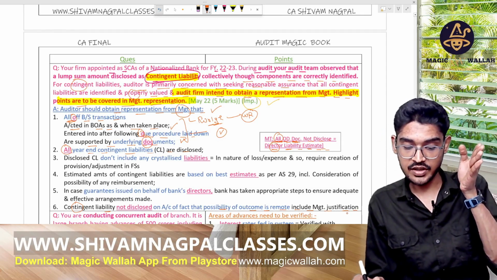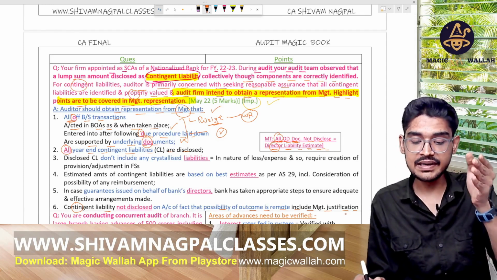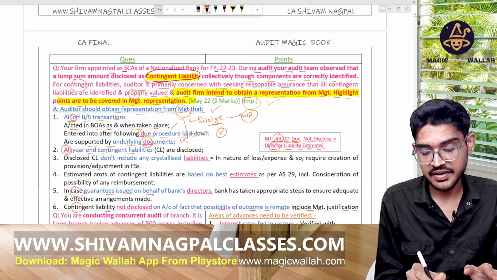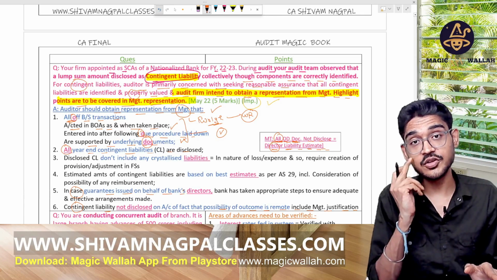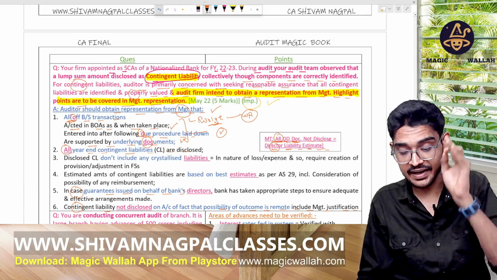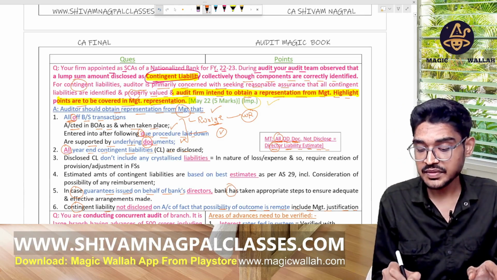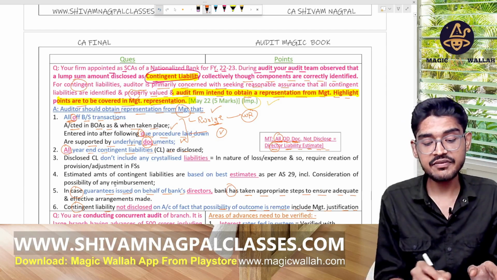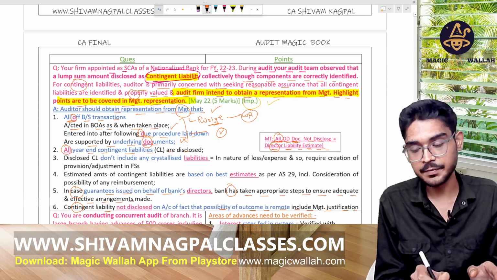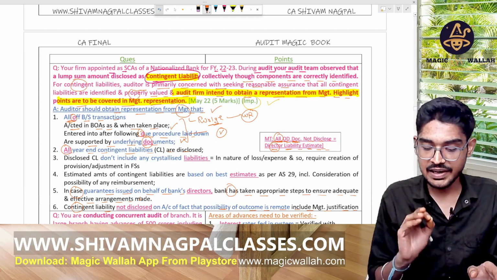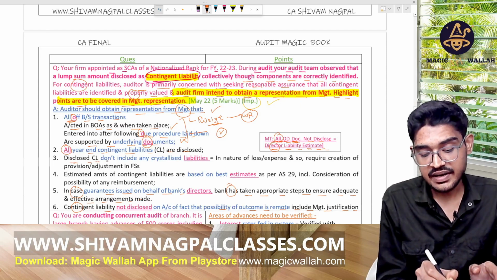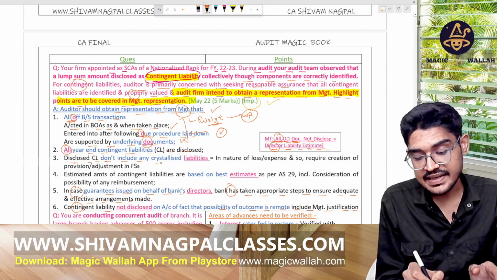Now devolvement liability estimate. In case of a guarantee issued on behalf of the bank's customer, the bank has taken appropriate steps to ensure an effective arrangement is made between them. Disclosed contingent liability should not include any crystallized liability.